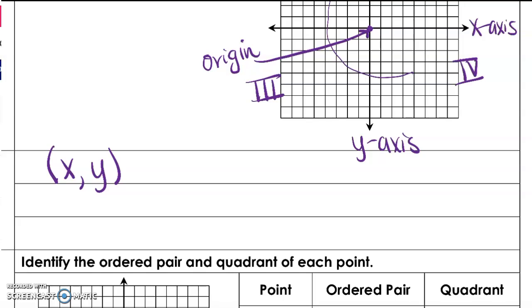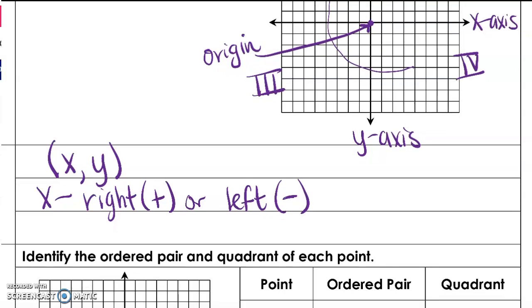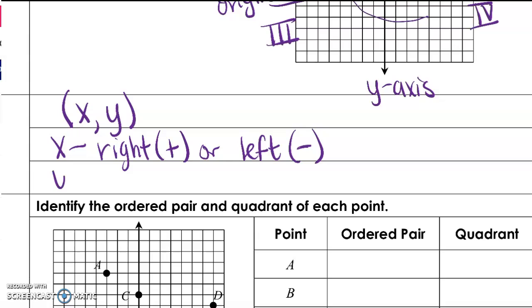Whether you're writing them or graphing them, the x goes first. When you graph them, the x-coordinate tells you to go right if it's positive, or left if it's negative. The y-coordinate tells you to go up if it's positive, or down if it's negative.